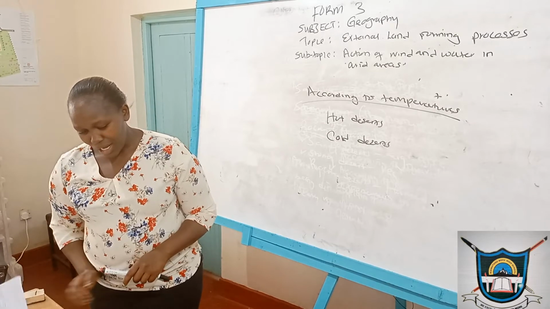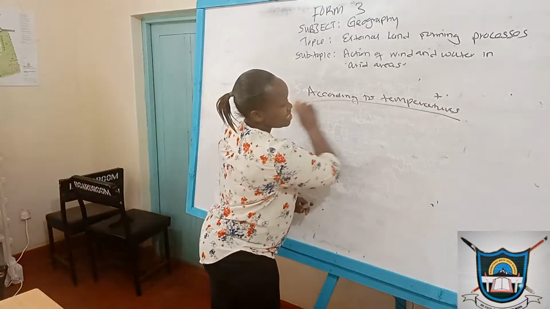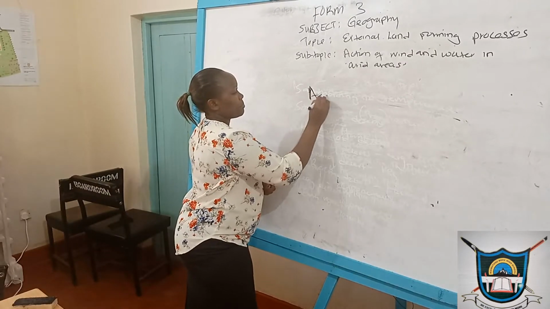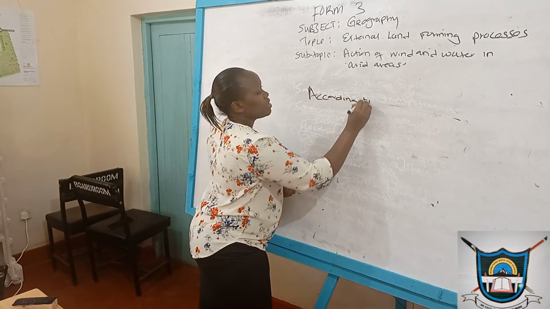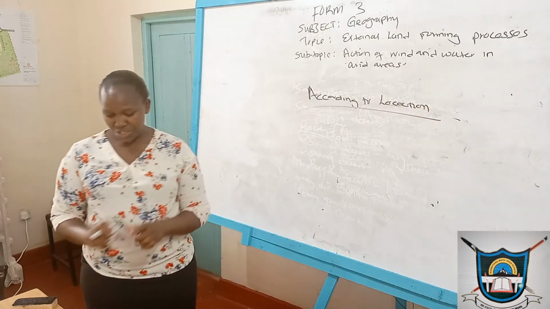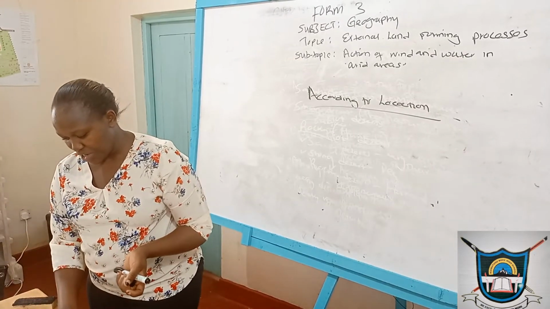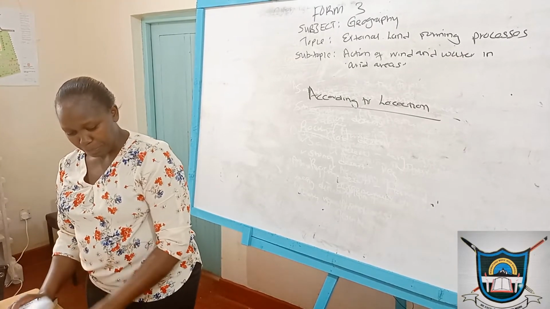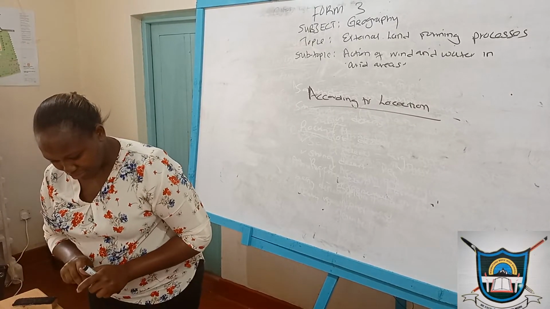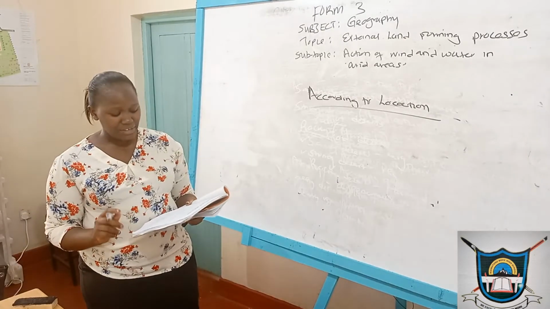Now, the other one is according to location. According to location, we have two types of deserts, that is, where those deserts are found.